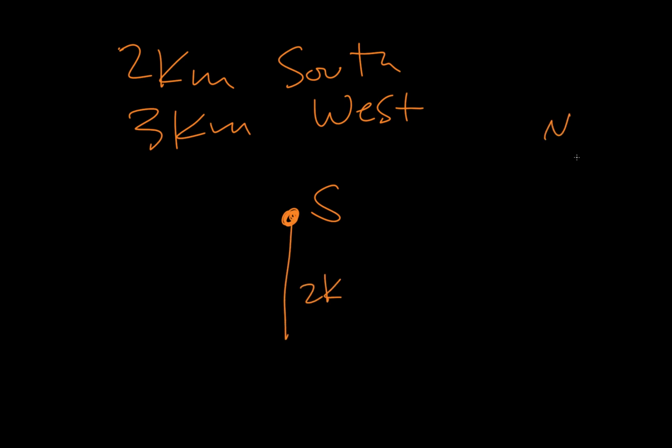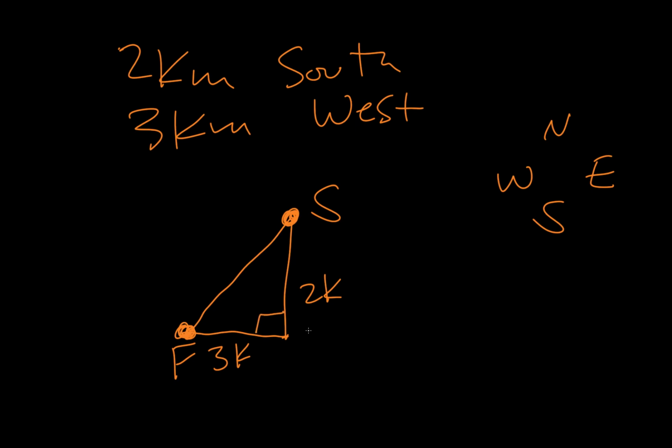If we're thinking northeast, southwest, we go down 2 kilometers, and then she turns and goes 3 kilometers, and this is her finishing point. This makes a right triangle, obviously.